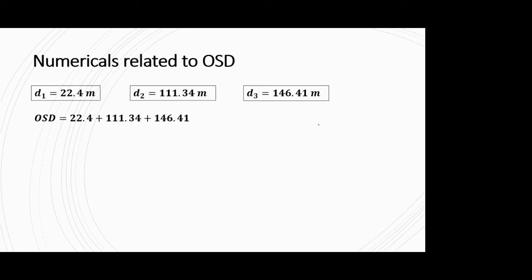So knowing the value of d1, d2 and d3, all that remains is just to add up the values, because we'll be adding all three values because it's a two-way traffic road. There is no median in between. So you will be having the third component as well. So our OSD comes out to be 280.15.